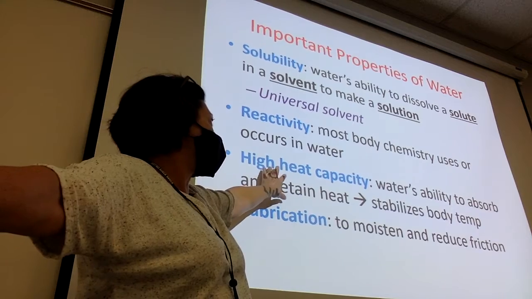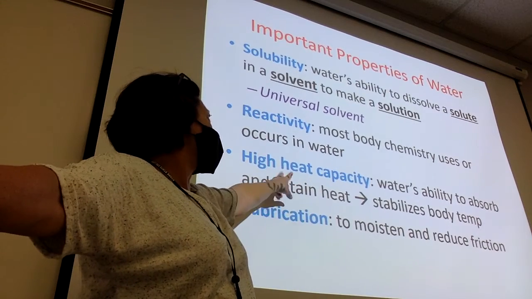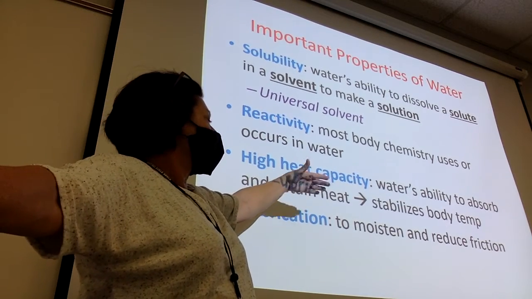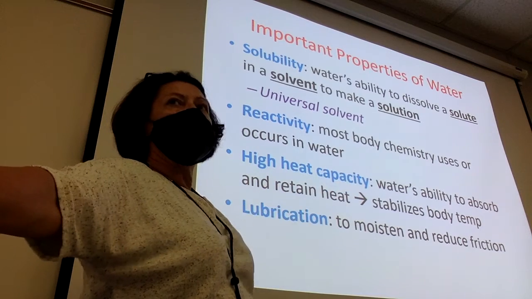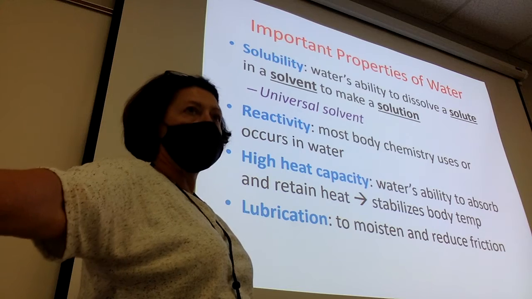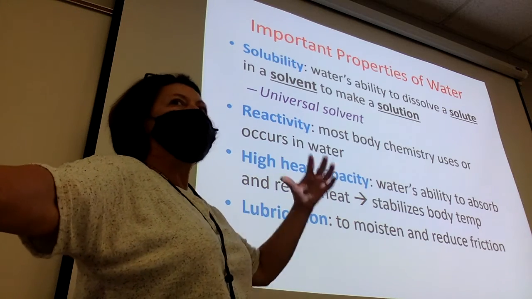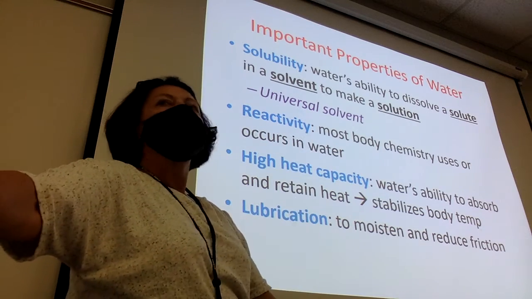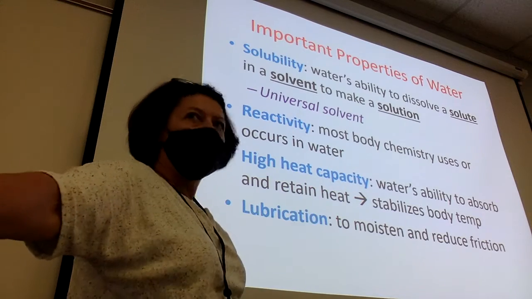This is a big thing. And the other thing, if you think about the stability of heat, you know how long it takes to boil water. If you've ever had to make Kraft macaroni and cheese, and it takes forever, it's because it takes so much energy to literally raise the temperature of water.